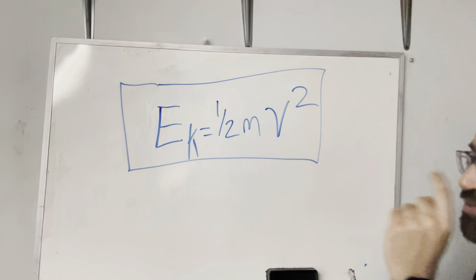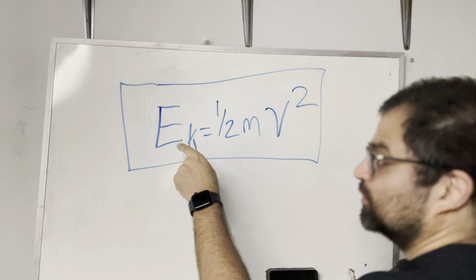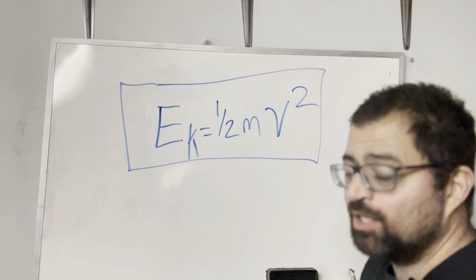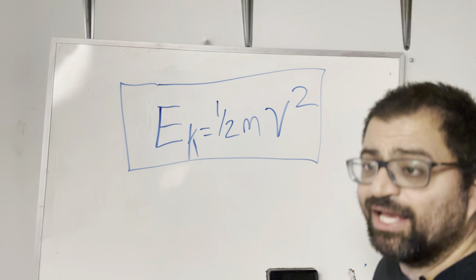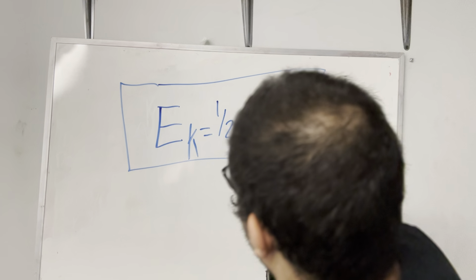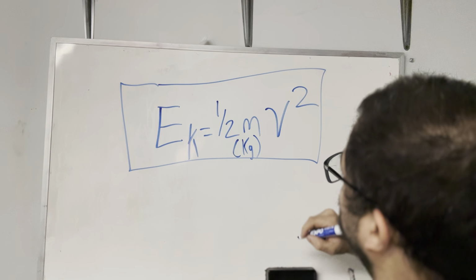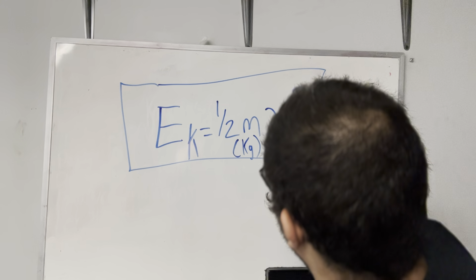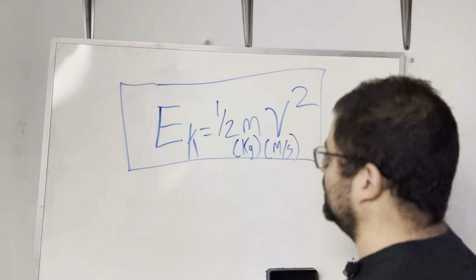Now, if we look at this, we have to make sure that it actually works. What do we want? We want this to come out to joules. So how are we going to get this to come out to joules? The unit that we're going to use for mass is kilograms, and the unit that we're going to use for velocity is meters per second. So 1/2 kilogram, that's not going to change anything.